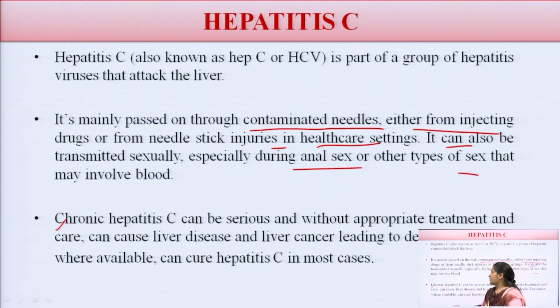Now, chronic hepatitis C can be serious, and without appropriate treatment it can cause liver disease, or it may cause liver cancer, which leads to death. Where treatment is available, there is a cure for hepatitis C in most cases. So there is no properly established treatment, but there is some cure for hepatitis C.